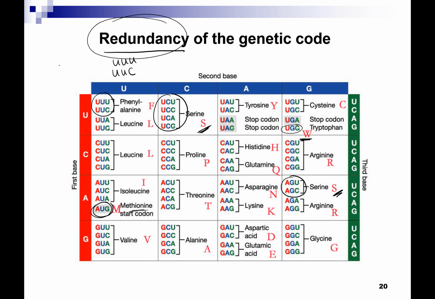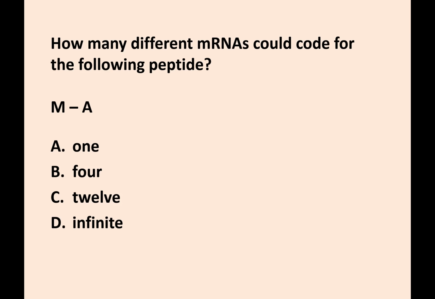There is overlapping, same information in the codons that code for the same amino acid. So, how I want you to see if you understand this is pause the video. The question is, how many different mRNAs could code for the following peptide? M is methionine, A is alanine. So you need to get out your genetic code and take a look.